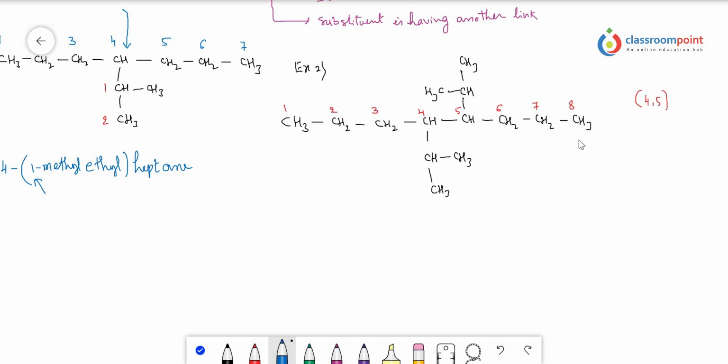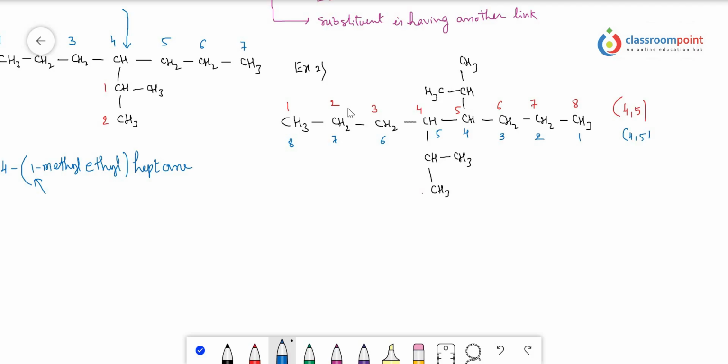Now let us give numbering from the other side, 1, 2, 3, 4, 5, 6, 7, 8. From this side also the substituent locations are 4 and 5. Are they the same? Both are the same, so you can follow from any direction.